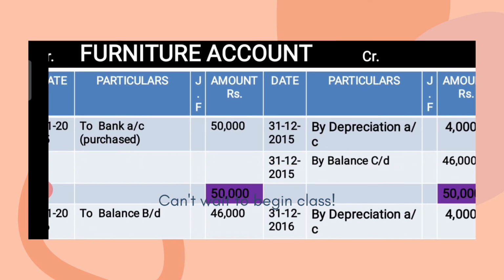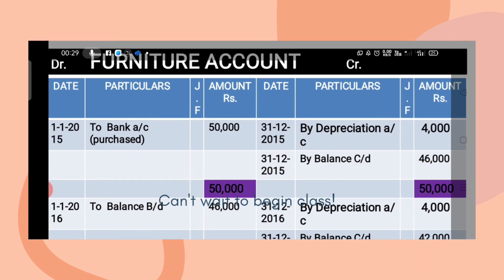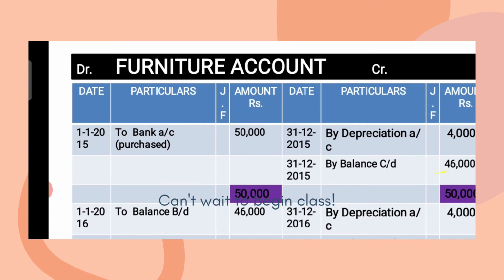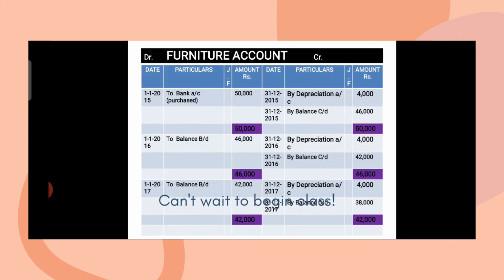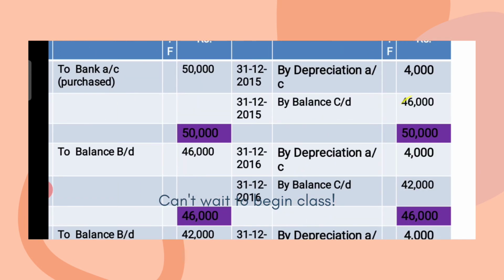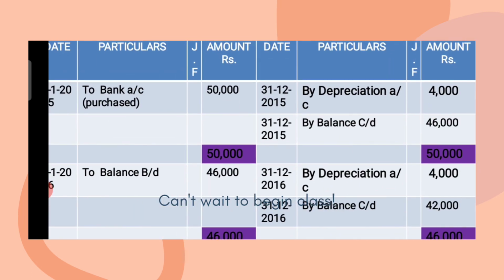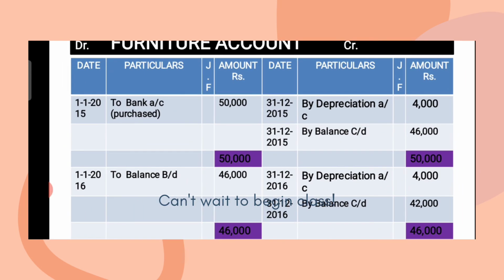The closing balance is 46,000. Next, the closing balance becomes the opening balance for the next year.